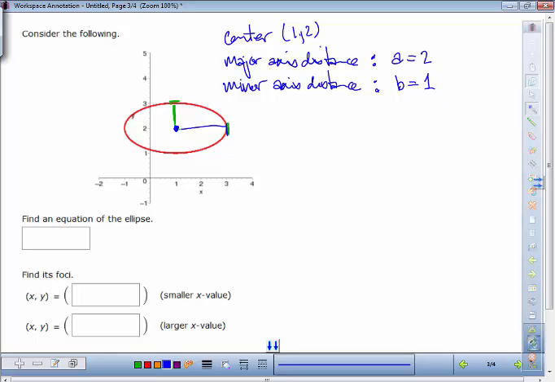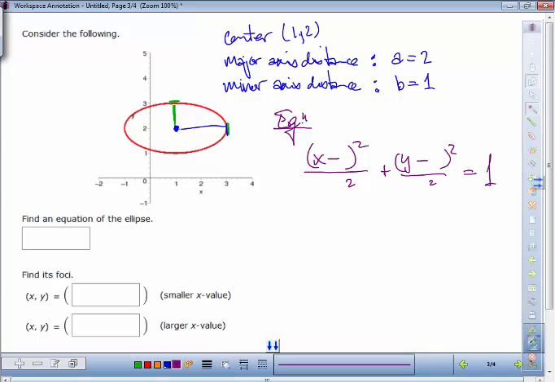Right? So the equation, if you remember, it's going to be x minus x naught squared over a squared plus y minus y naught squared over b squared is equal to 1.